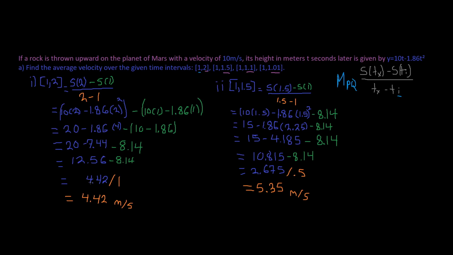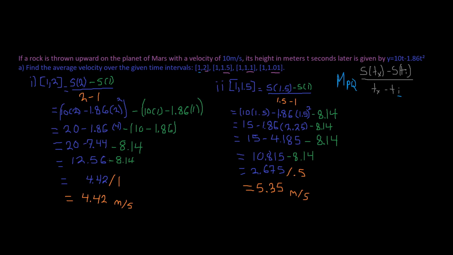It becomes 4.42 divided by 1, that becomes 4.42 meters per second. And this is our average velocity over the given time interval. Then we do that again, we plug it all in, and it gives us 5.35 meters per second.